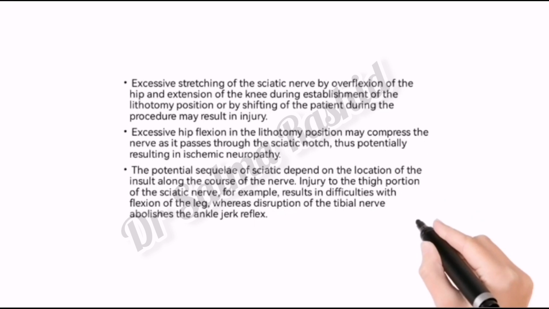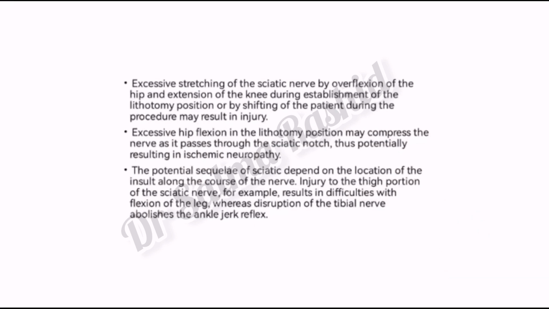Now, excessive stretching of the sciatic nerve by overflexion of the hip and extension of the knee during establishment of the lithotomy position, or by shifting of the patient during the procedure, may result in injury. Excessive hip flexion in the lithotomy position may compress the nerve as it passes through the sciatic notch, thus potentially resulting in ischemic neuropathy.